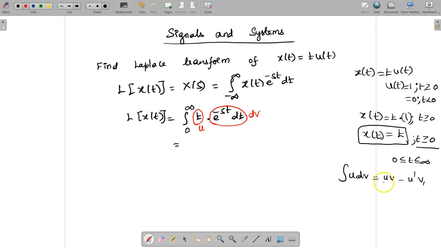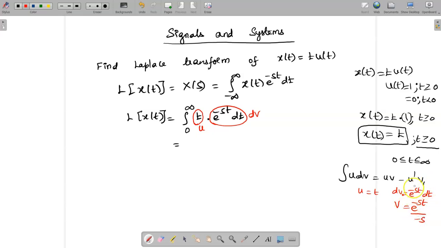So u is t and dv is e power minus st dt. In the formula we need to apply the value of v, so let us find v. Integrate e power minus st, we will get v. So v is nothing but e power minus st by minus s.